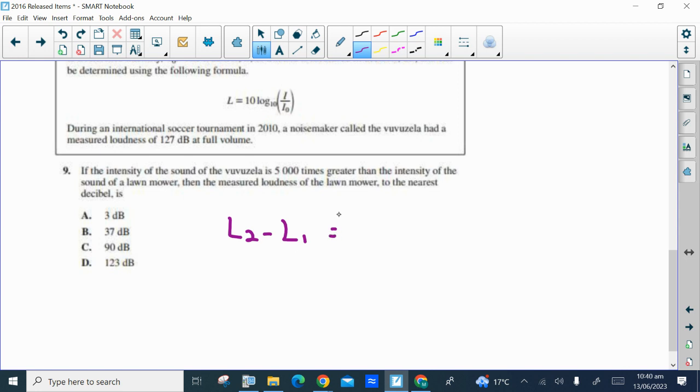So L2 would be 10 log, and I don't need to put base 10 there because if I leave the base blank, we know that means base 10. So that would be intensity 2 over I sub 0, minus 10 log intensity 1 over I sub 0.